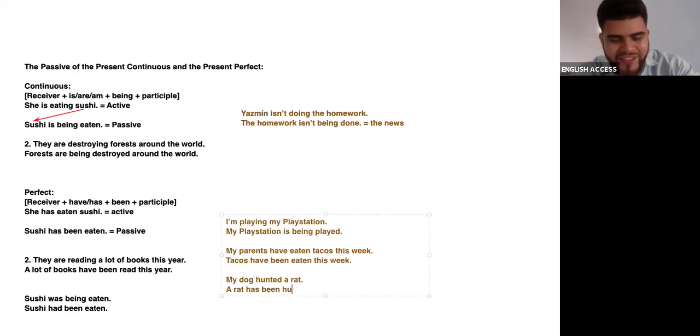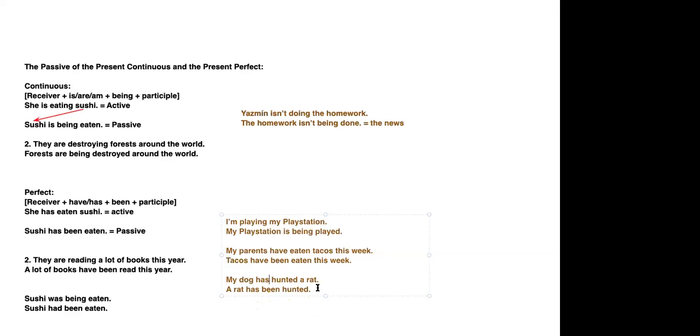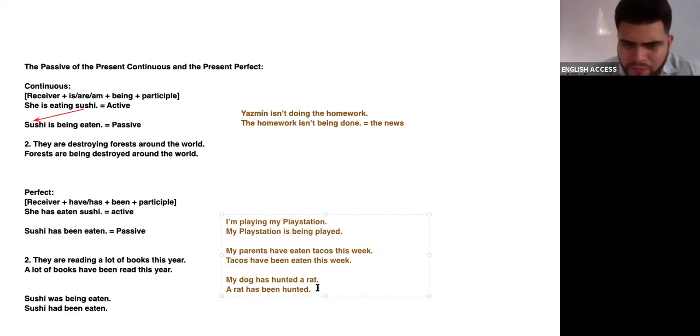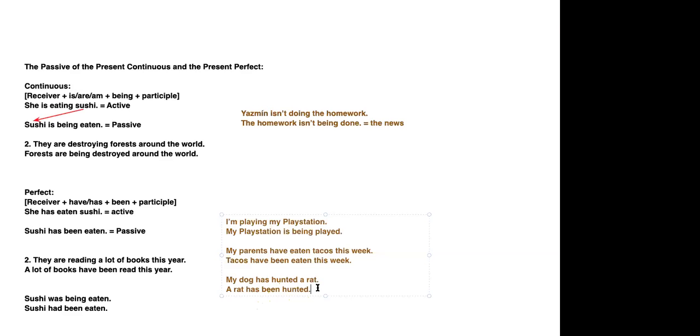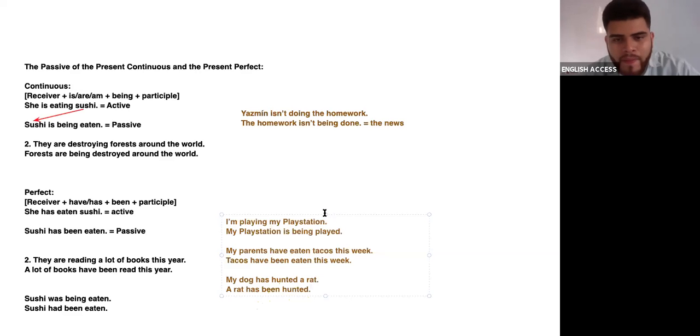Has been hunted. Okay, so that is okay. My dog hunted a rat. A rat has been hunted. But it would be better if you say... Was? No, not was. Has is okay. So right there, my dog has hunted a rat. A rat has been hunted. That would be okay.